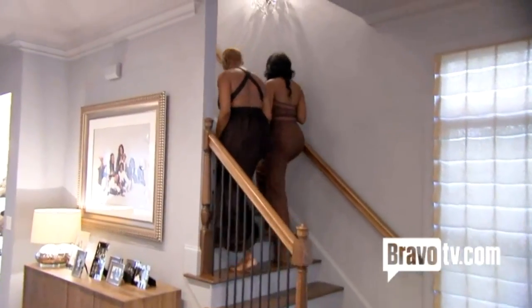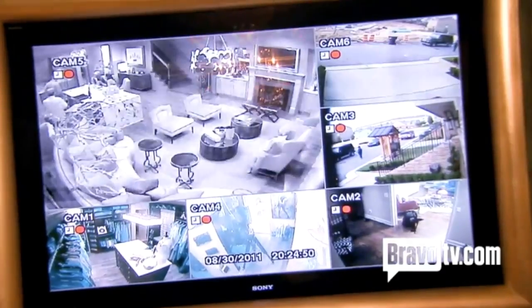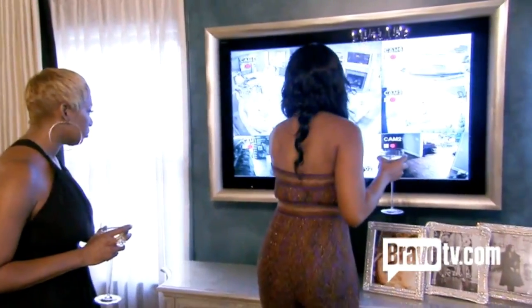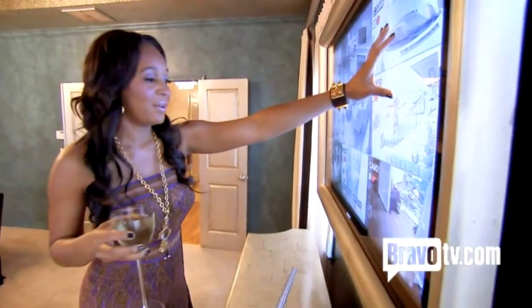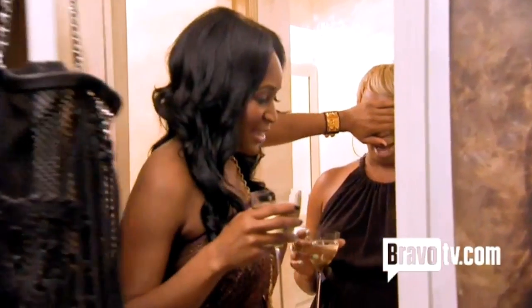This is my bedroom. This is absolutely ridiculous. $1 million room.